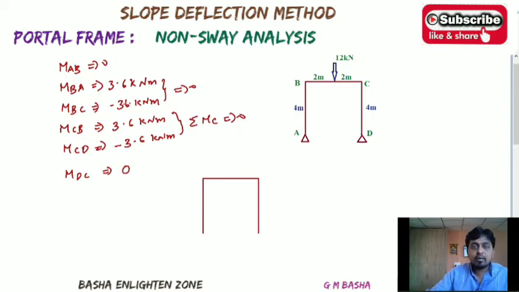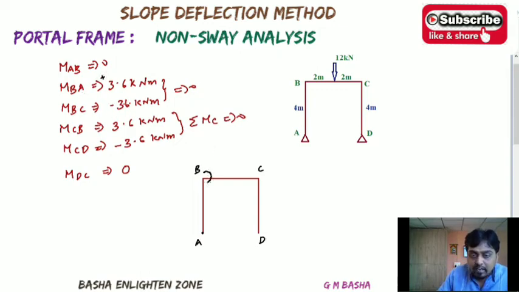See here, MAB will be equal to 0. Therefore, this is A, this is B, this one will be C, and this one will be D. MAB will be equal to 0, this one will be 0 at this position only. And MBA will be a clockwise 3.6 kilonewton meters.